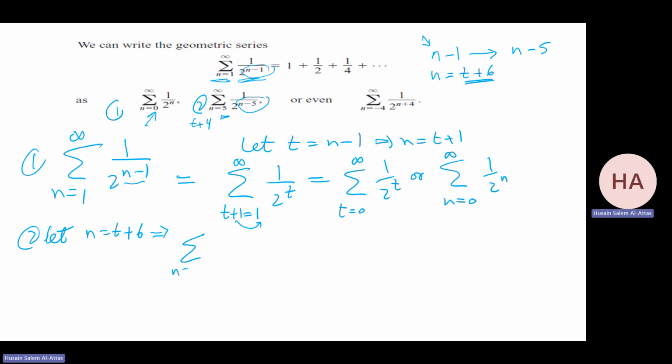The summation n equal 1 to infinity, 1 over 2 to the n minus 1, t plus 6 minus 1. So let's start from n is t plus 6. So t plus 6 equal 1.